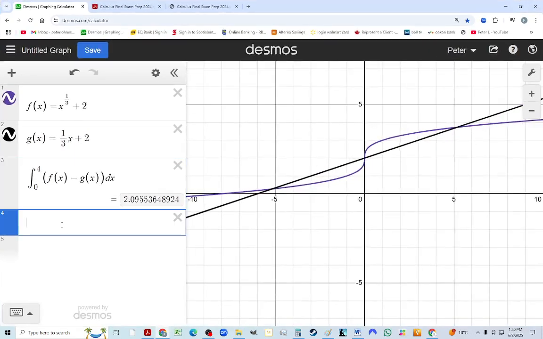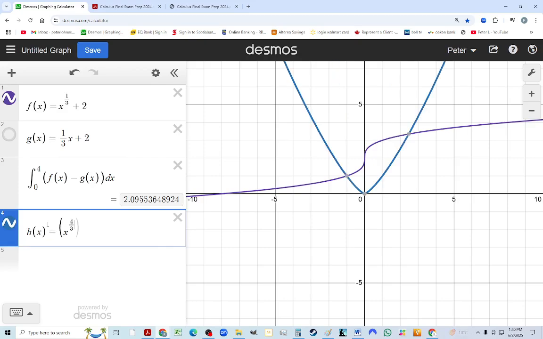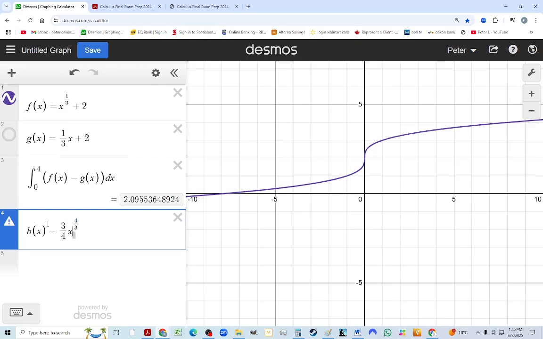Now, obviously, we've got the right answer as our long form, so it's correct. But just to show you, I'm going to just work with f of x first. I'm going to call it h of x. That the antiderivative of this is indeed x to the power of 4 over 3 multiplied by the reciprocal, which is 3 over 4, plus 2x.